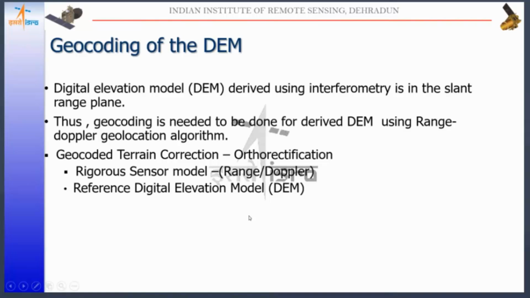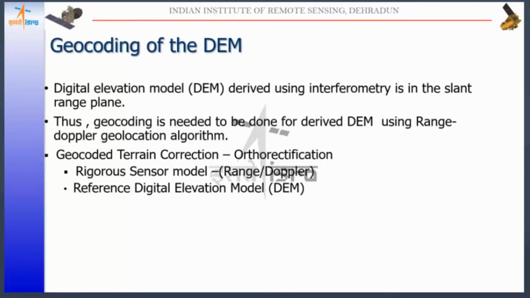That reference DEM can be of 90 meter or 30 meter, or a better resolution DEM with good accuracy. That DEM and that rigorous sensor model, which is the range Doppler algorithm, are used for the geocoding of the DEM.